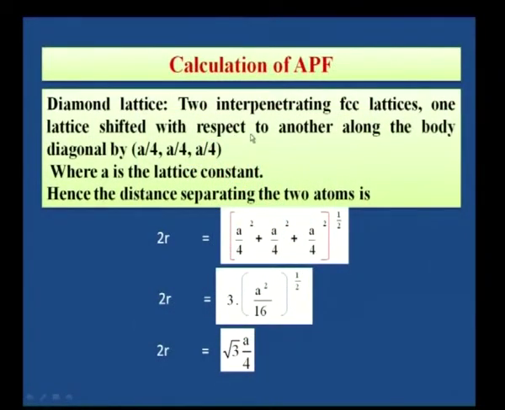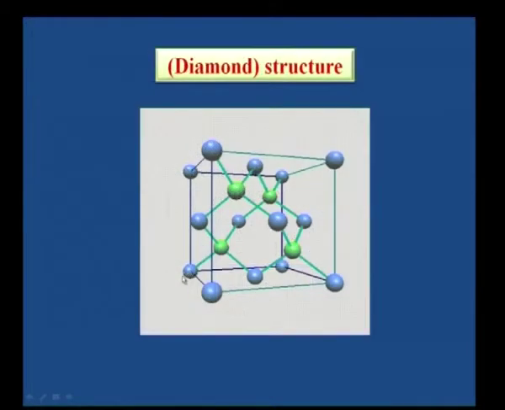Then the diamond lattice, as I told you, is nothing but two interpenetrating FCC lattices, one lattice shifted with respect to another along the body diagonal by A by 4, A by 4, A by 4, where A is the lattice constant. Hence, the distance separating the two atoms is 2r, right. In the hard sphere approximation, you assume the two atoms to be touching each other.